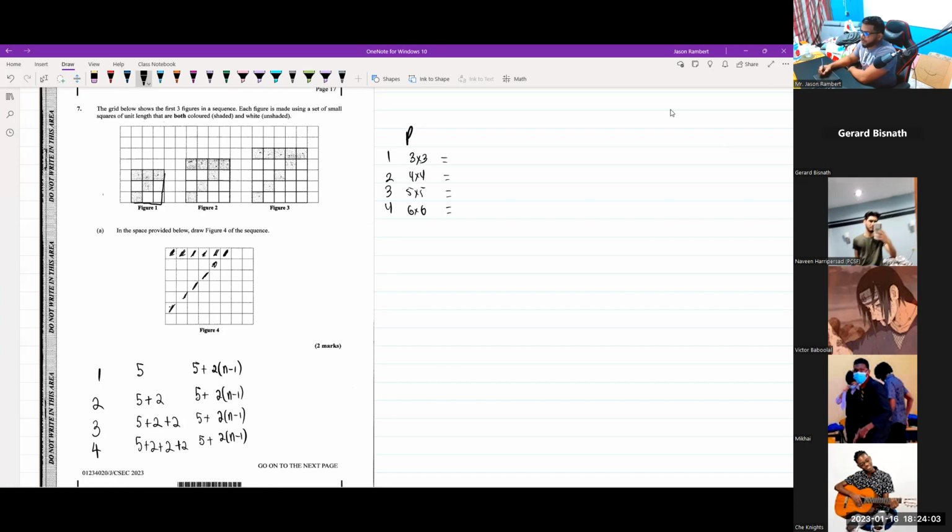The pattern looks like figure number plus 2 by figure number plus 2, or n plus 2 squared. Correct? Yes, sir.